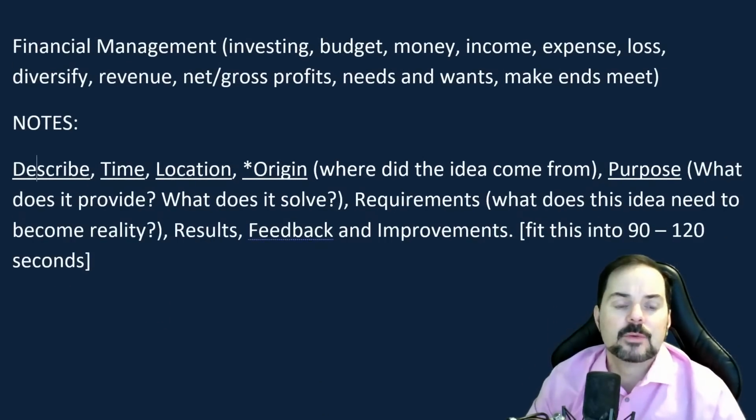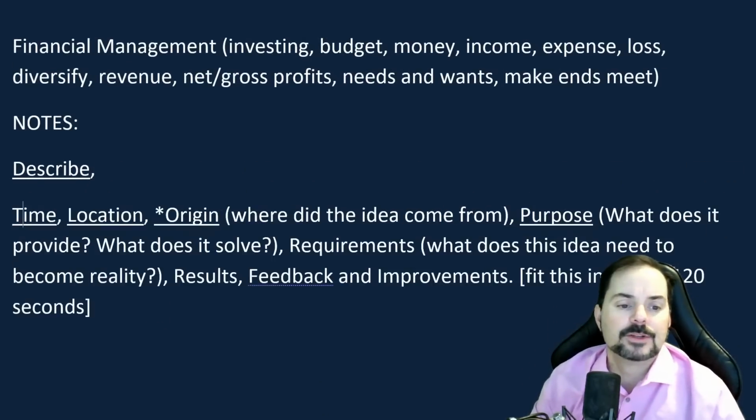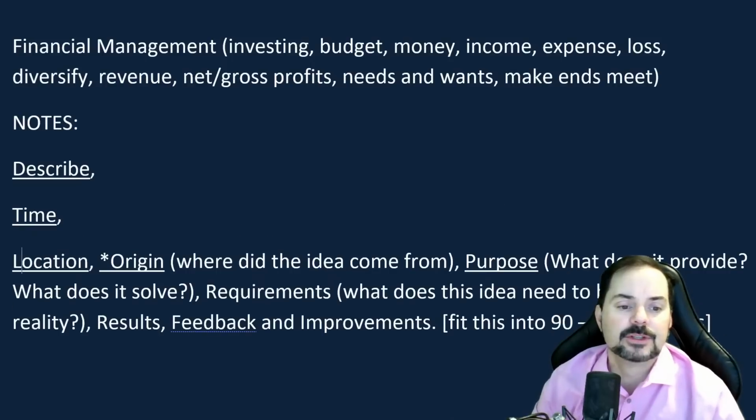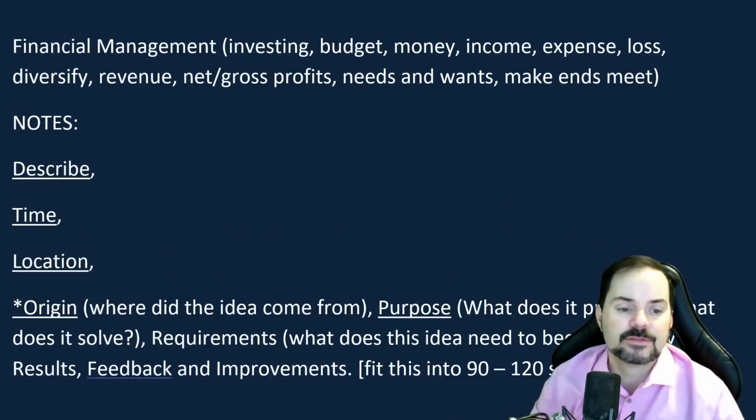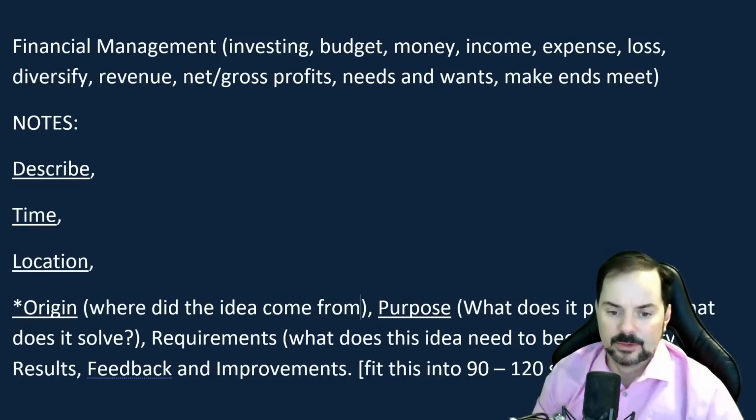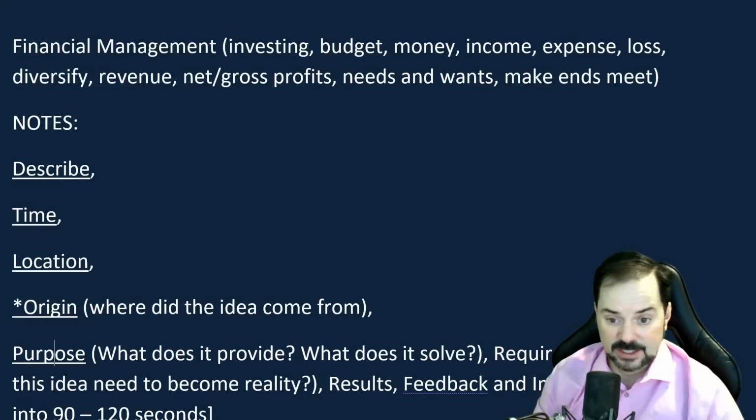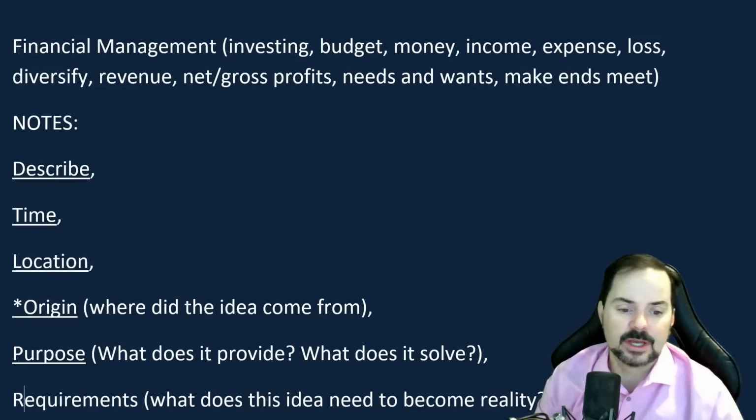So here we want to describe the idea. We want to know the time of the idea. We want the location. We want the origin of the idea. We want the purpose of the idea, the requirements of the idea, okay? And then the results and feedback and improvements, okay? So these are the notes.